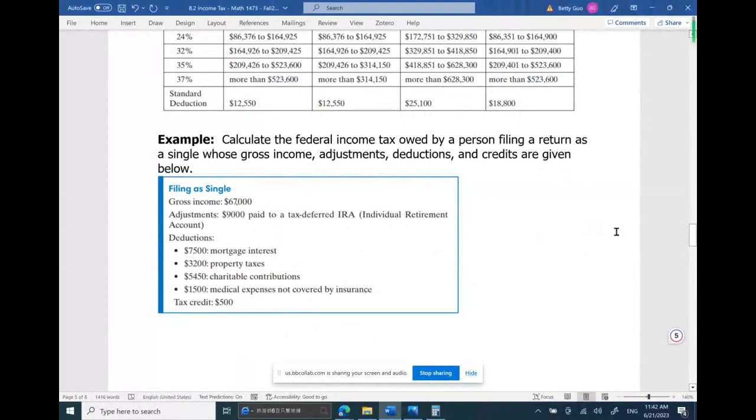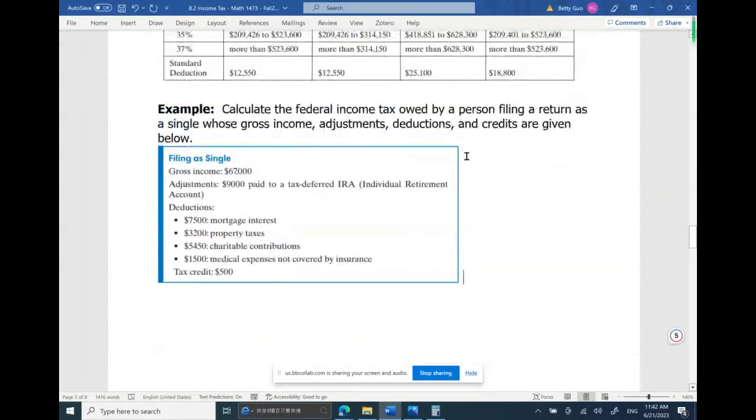Example here. Calculate the federal income tax owed by a person filing a return as a single whose gross income, adjustments, deductions, and credits are given below in this table. Okay, so let's get started.